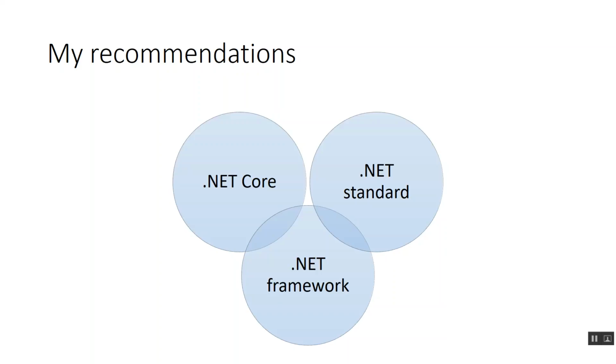I will personally suggest that you go with .NET Core because .NET Core has so many things that you might want to learn. For example, in .NET Framework it was Windows only, but on .NET Core you also have to take care about Linux and other platforms. So in these cases, I will personally recommend that you go with .NET Core.